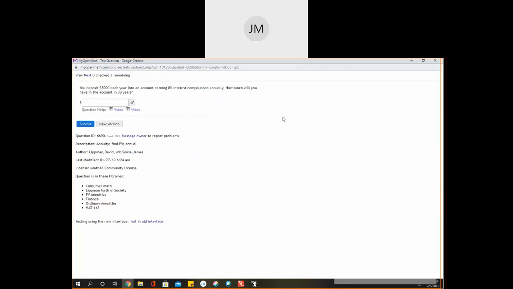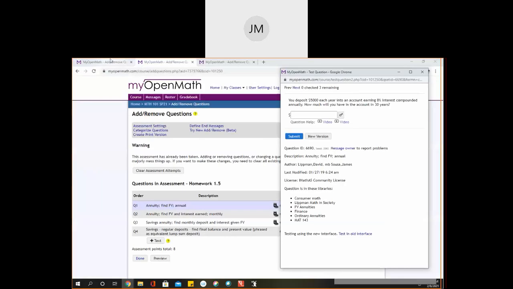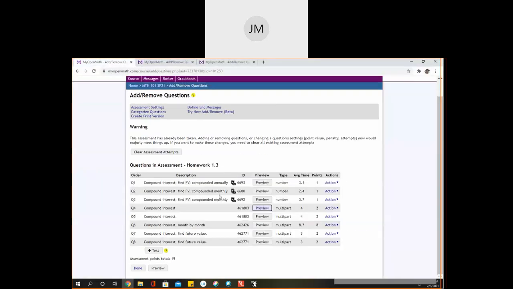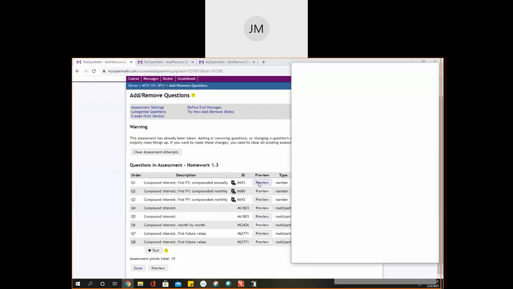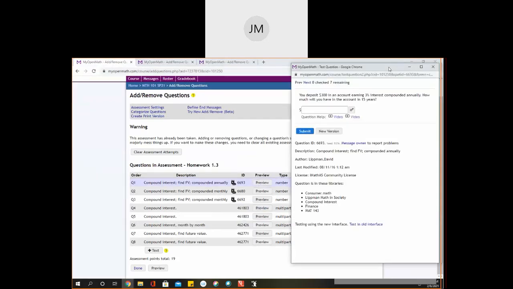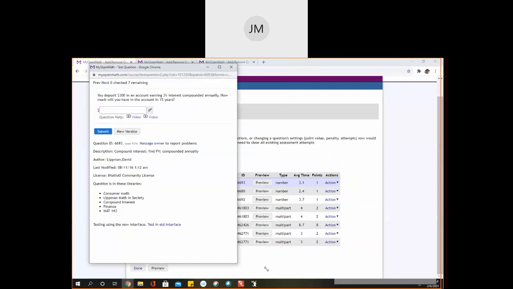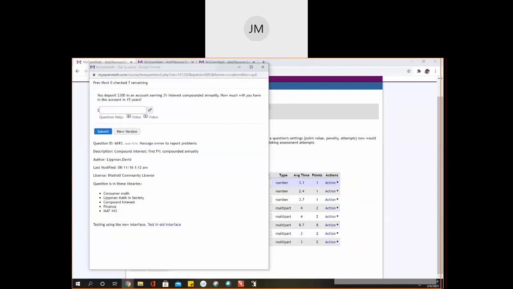So what I want to do is maybe put up this question next to another one, and we'll put these two up next to each other and make a comparison.